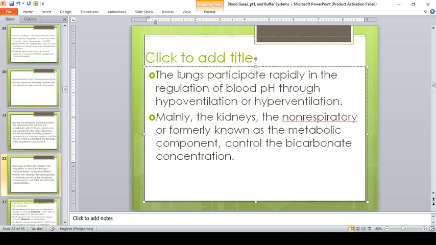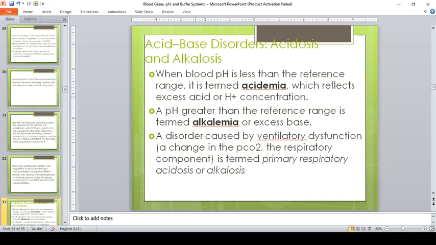So lungs regulate blood pH through hypoventilation or hyperventilation. And the kidneys regulate blood pH through what, guys? The control of bicarbonate concentration.